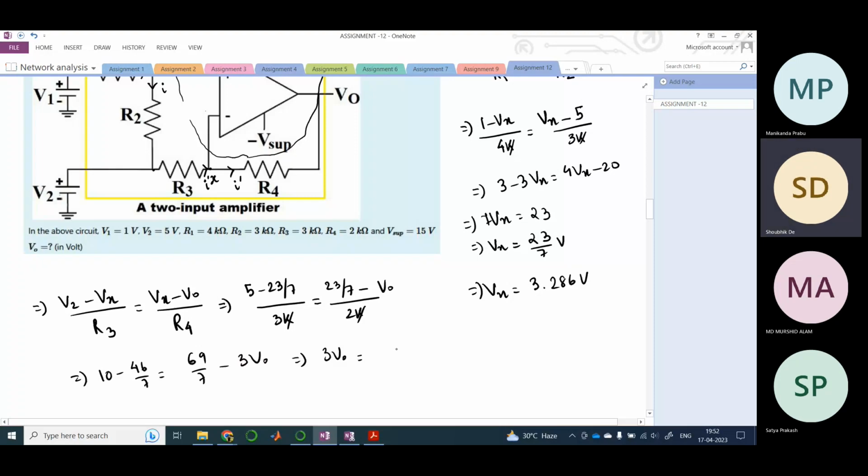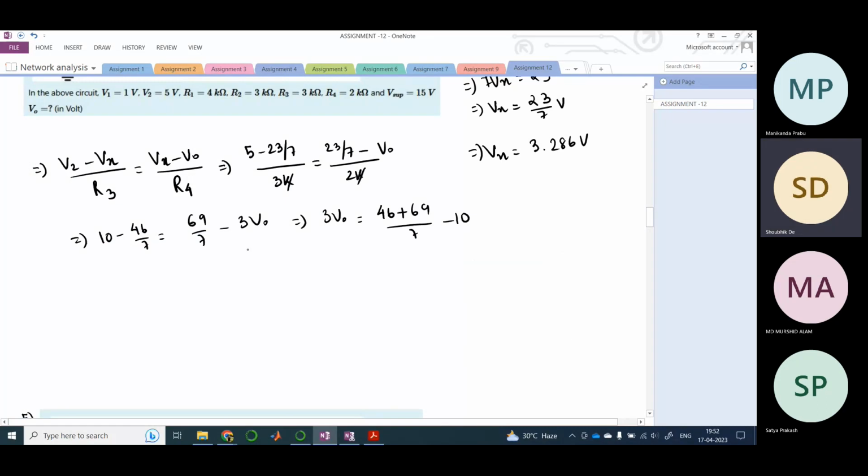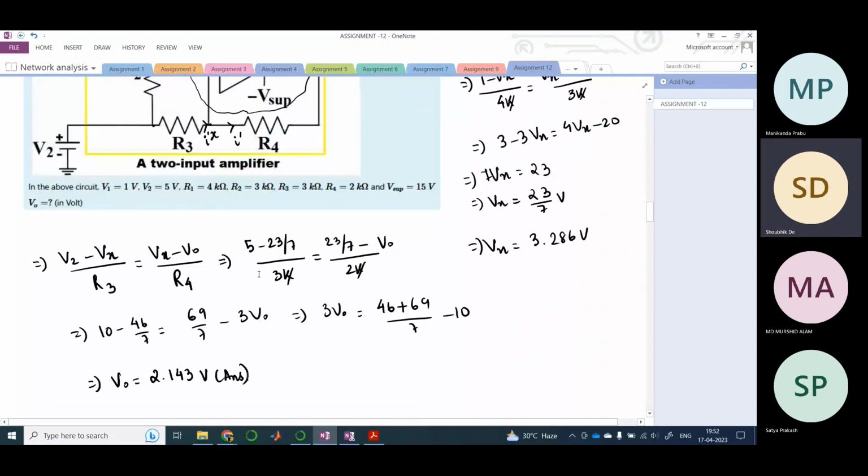So 3V0 is equal to 46 plus 69 divided by 7 minus 10. Let me just calculate this. How much is this? So V0 is 2.143 volts.